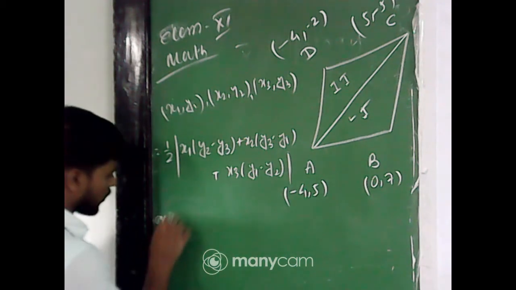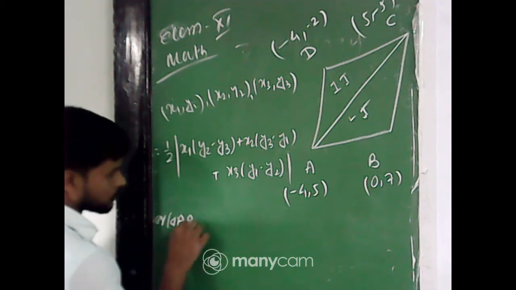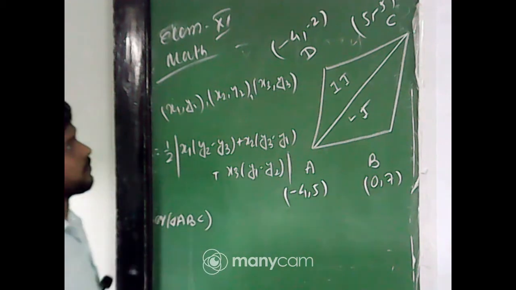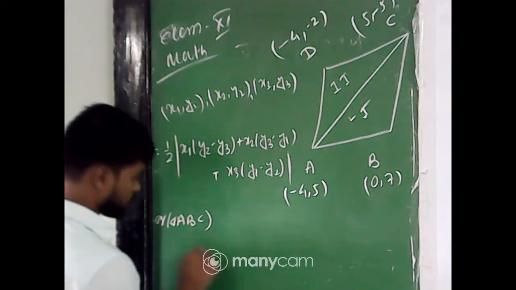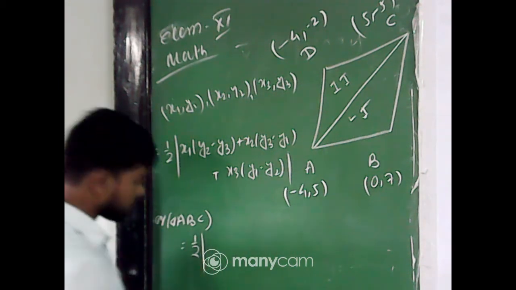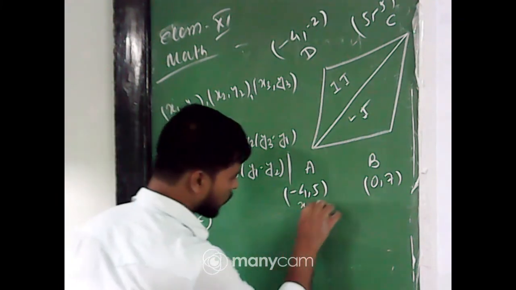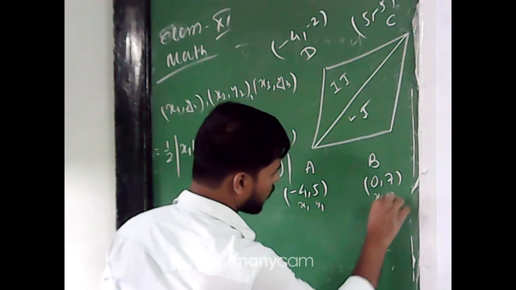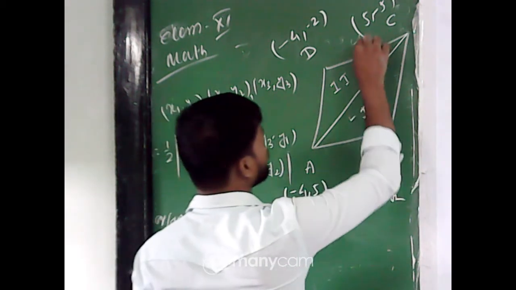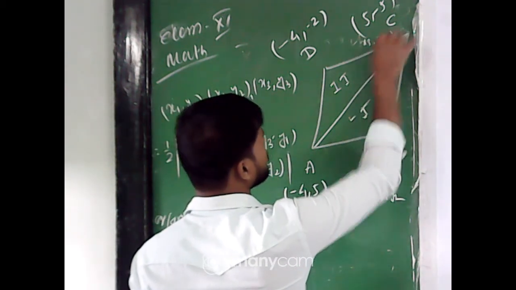So area of the triangle ABC is equal to half mod of x1, where this is x1 y1, this point is x2 y2, and this point is x3 y3.